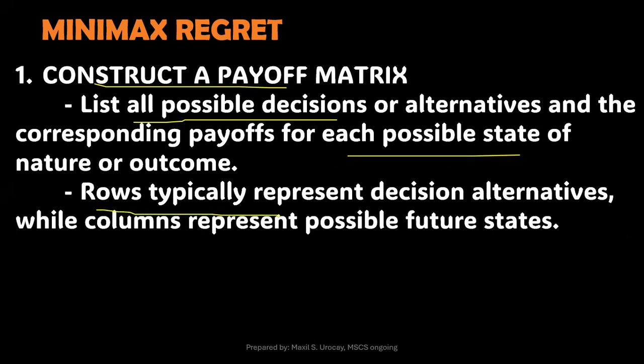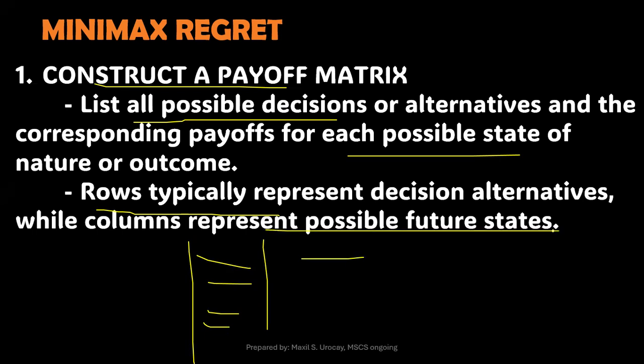The rows typically represent the decision alternatives, so your decisions and alternatives are in the first row and first column. The columns represent the possible future states.